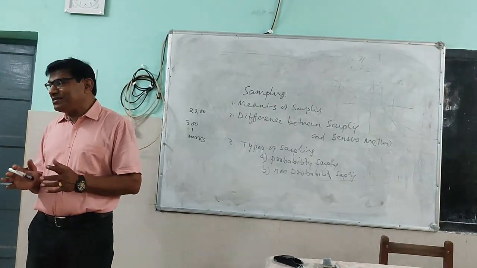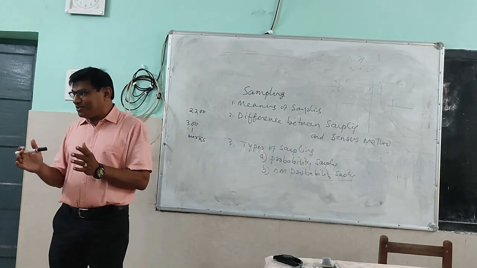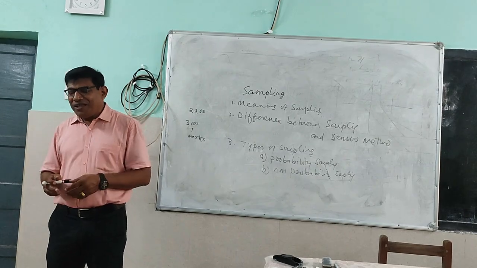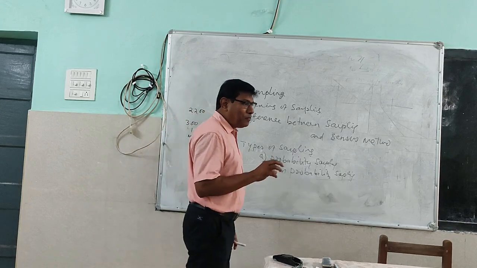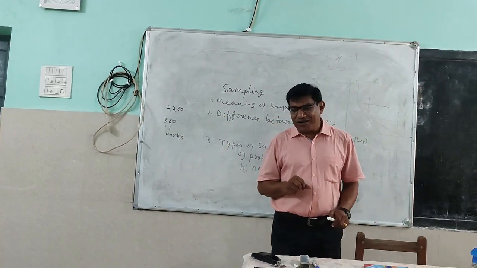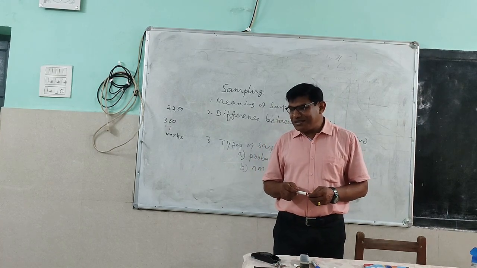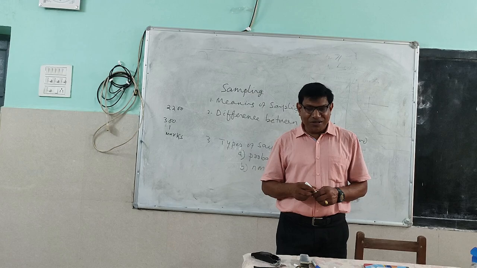So the question is, when is this method used? When your population is small, use the census method. When the population is large, use the sampling method. Right now, when the population is small, the census method can be used.